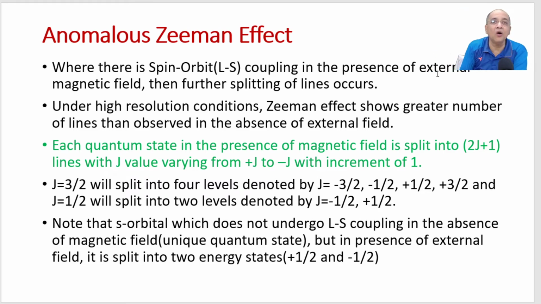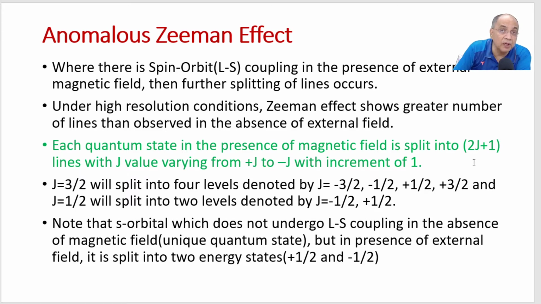I'll tell you how you find how many non-degenerate energy levels each J value in the absence of a magnetic field will split into. There is a rule. That rule is that it has 2J plus 1 in the presence of an external magnetic field. Just like in the case where there is no spin coupling, the value is 2L plus 1.